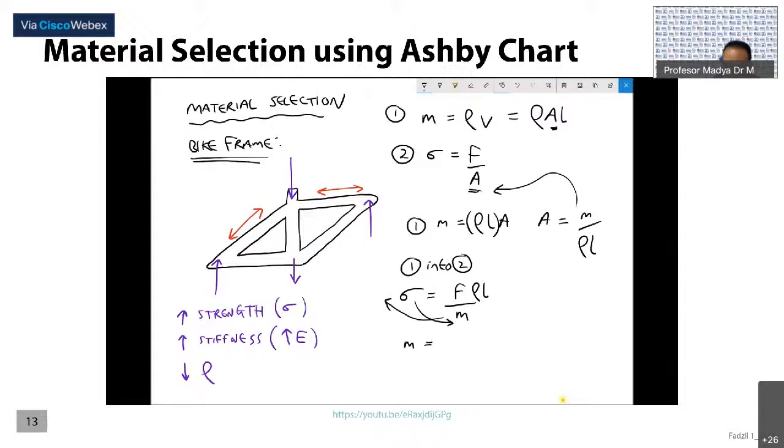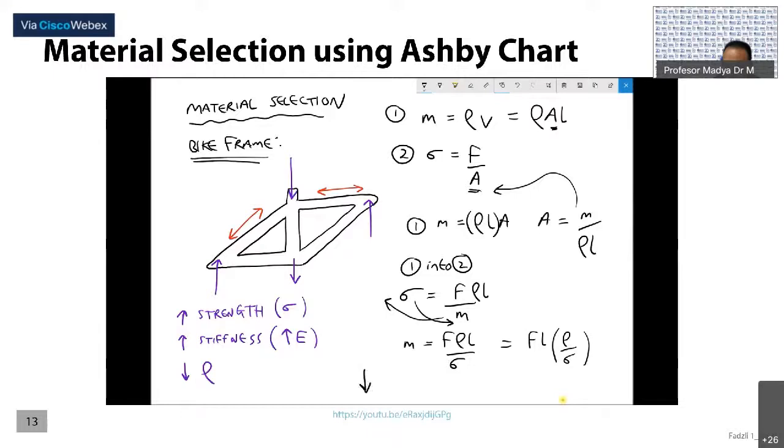So I'll get M equals F rho L over sigma. I'm going to rewrite that because I want to group density and sigma together. So instead I'm going to write F L times rho over sigma.